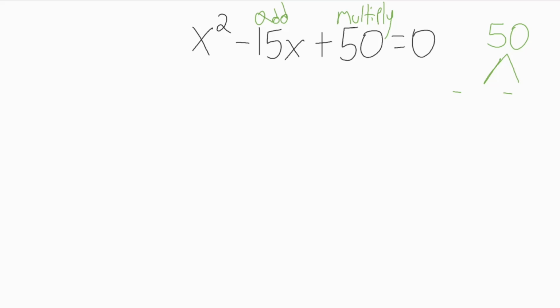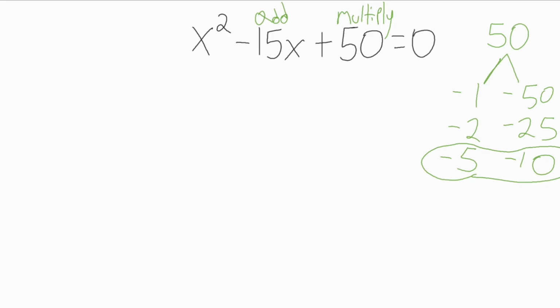And let's think of our pairs that multiply to 50. Well, we got -1 and -50, -2 and -25, -5 and -10. Now, out of these pairs, let's pick which one adds to -15. Well, that will be my -5 and -10.